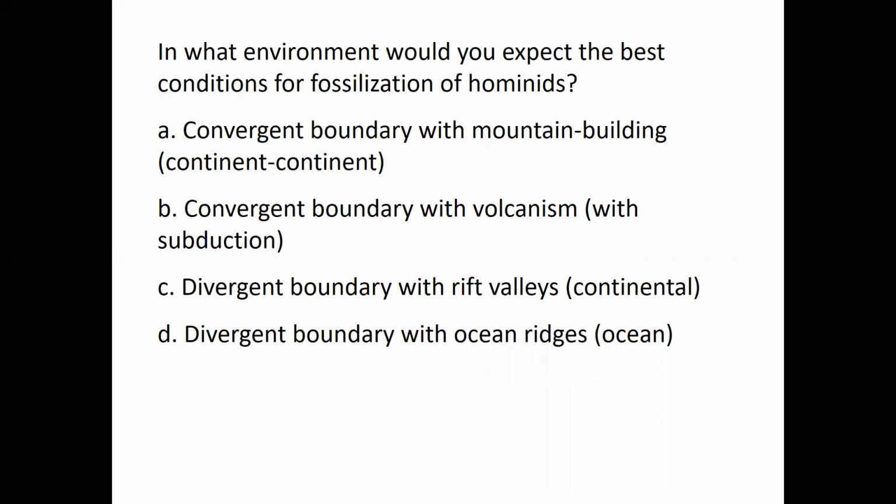Convergent boundary with mountain building, convergent plate boundary with volcanism and subduction, divergent boundary with rift valleys, a continental divergent plate boundary, or divergent boundary with ocean ridges, mid-ocean ridge. Well, ask yourself, where would the most sediments be deposited that these organisms could be buried and fossilized in? That would be the valley, right? The rift valley. So a divergent boundary with rift valleys, continental rift.